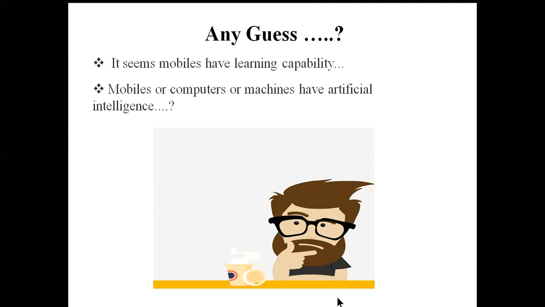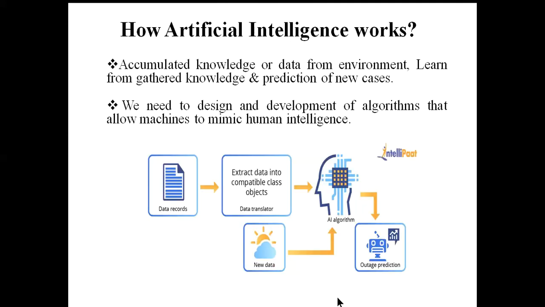Okay, so let's see how artificial intelligence works in our real life problem. This figure is basically the real life scenario for an AI based system. For an AI based system, initially we need to store or collect or accumulate data from the environment.